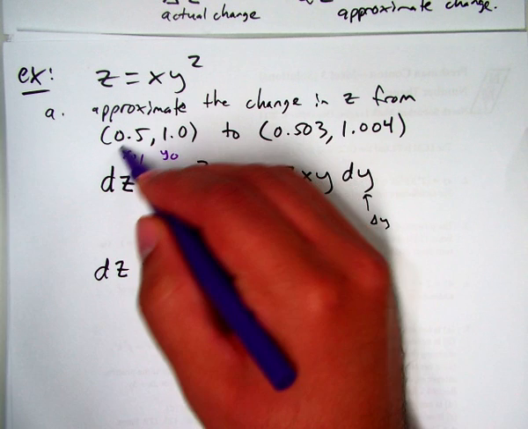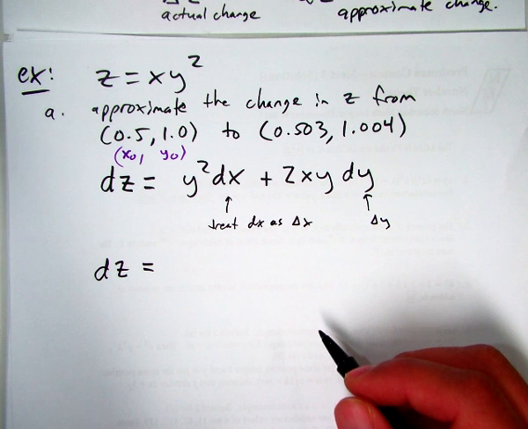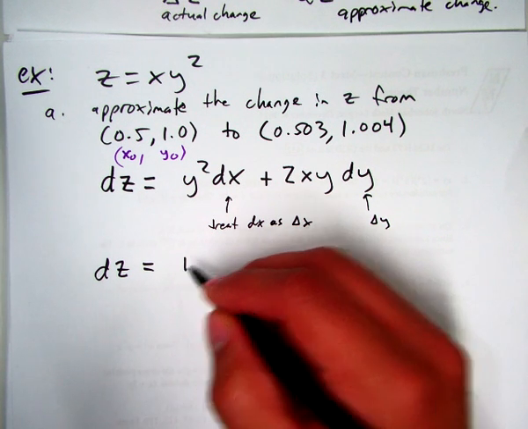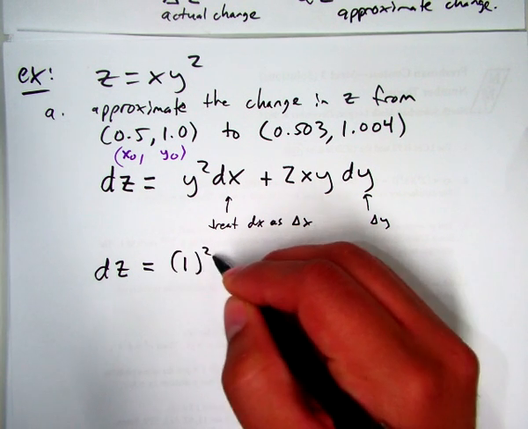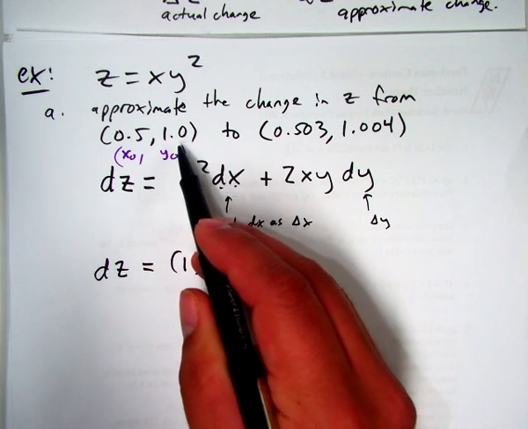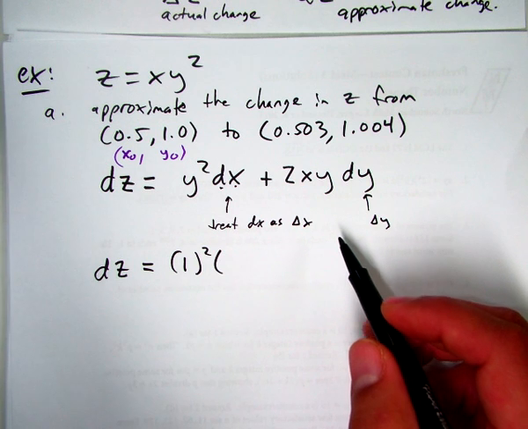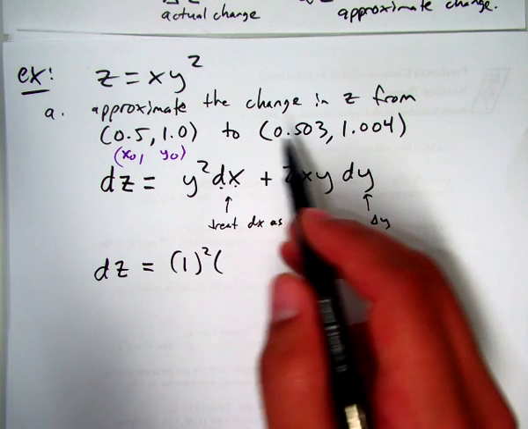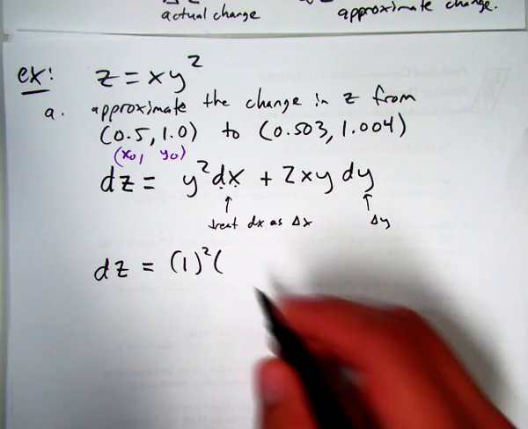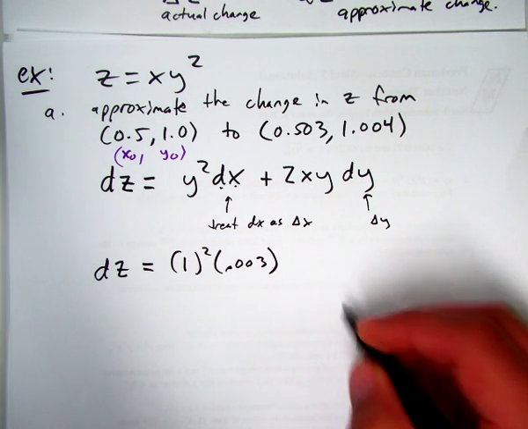So what is the value of y at this initial point? So it would be 1 squared. And now we're going to treat this as change in x. From 0.503 to 0.5, the change was 0.003, plus 2.